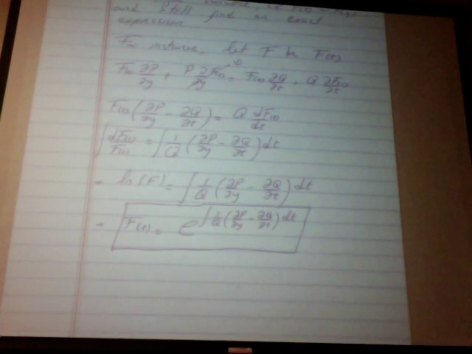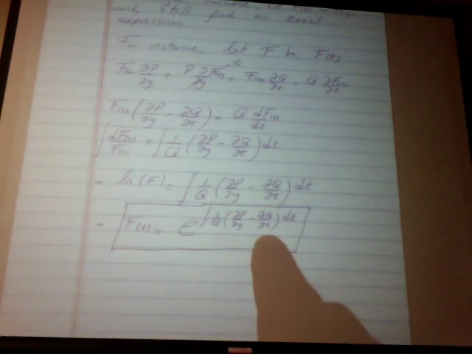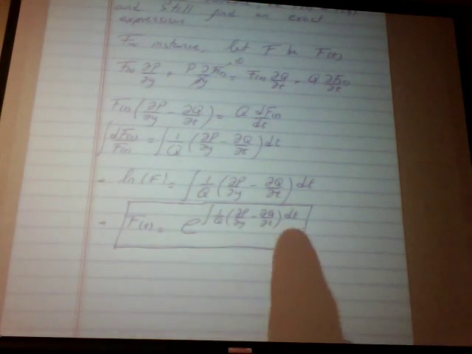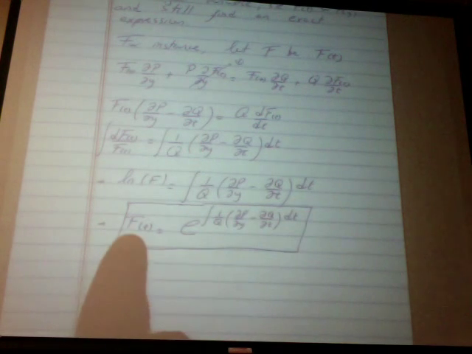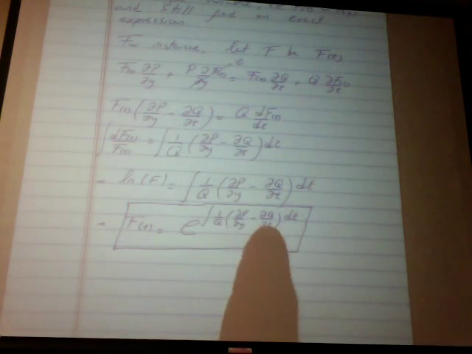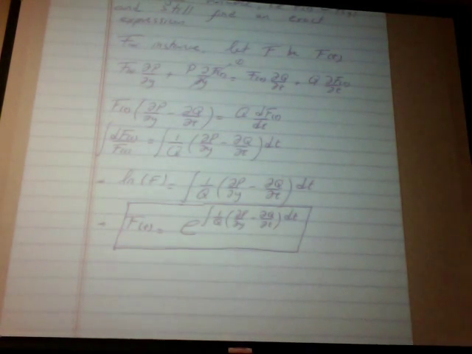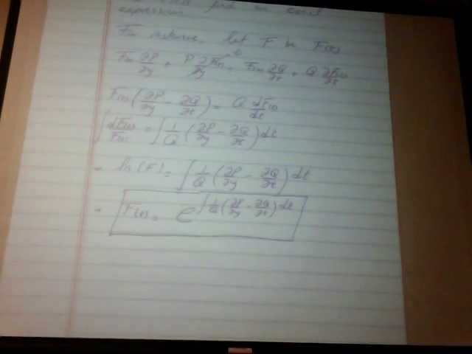We have an expression for f of t. All we need to do is take the partial of P with respect to y, the partial of Q with respect to t, divide by Q, and integrate with respect to t. But the resulting expression here has to be just a function of t. And the chances for that are very slim. Whatever P and Q you have in the original equation, when you take these partials and divide by Q and integrate with respect to t, all the y's have to cancel out. Otherwise the trick didn't work.